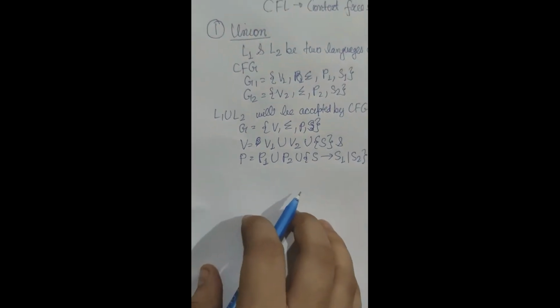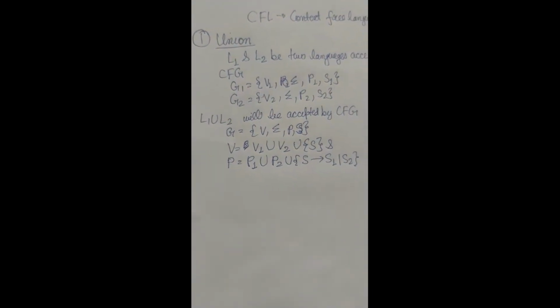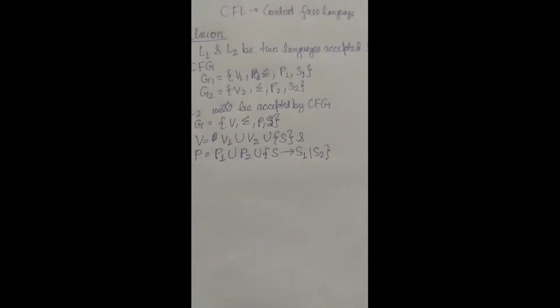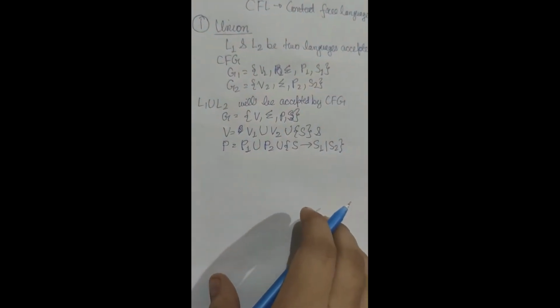So we can see that L1 union L2 is also being accepted by a context-free grammar. Hence we can see that it is closed under union.